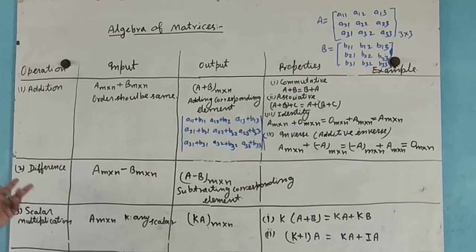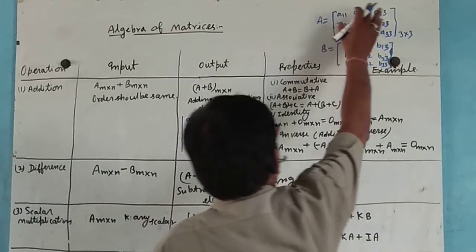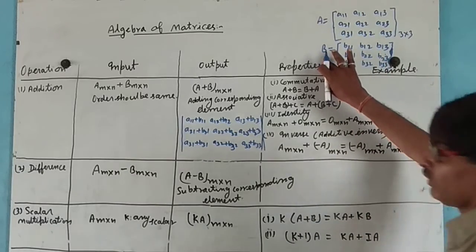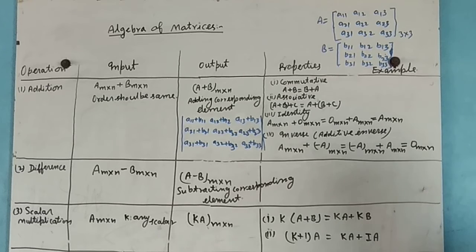Now the second operation, difference. If we take the difference A minus B, this is the matrix A, this is the matrix B, their order must be the same, and we subtract the corresponding elements.